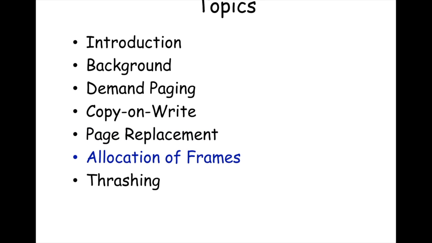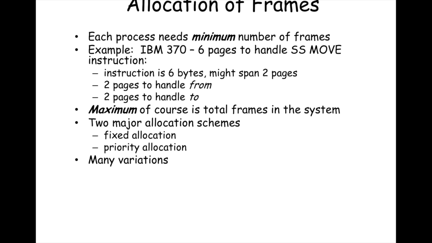So let's take a look at how frames might be allocated. Every process needs a minimum number of frames, and some architectures use up to 6 pages potentially per instruction. These instructions can straddle more than one word, so the first part of the instruction could be on one page, and the other part could exist on another page. So there's 2 pages.